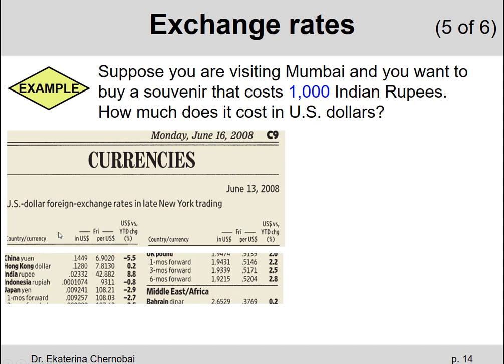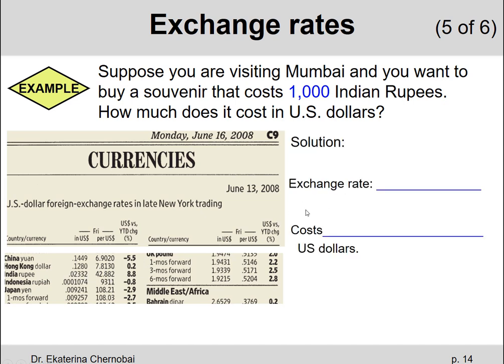Well, let's look at this table again and find the Indian rupee. That's again two numbers. From column 1, it says 0.02332. Column 2, the number is 42.882. How do we use either one of these two numbers?